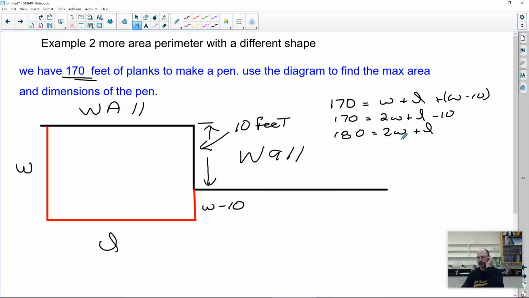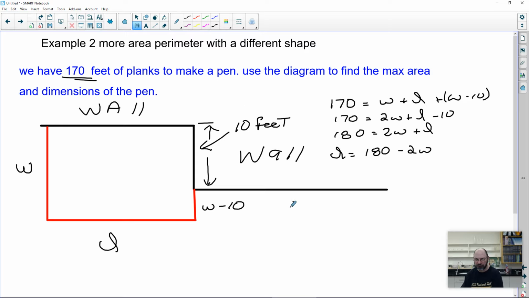Now, because of the 2, I'm going to solve for L again. So L is equal to, subtracting 2W on both sides, 180 minus 2W. So there we have our perimeter equation, writing L in terms of W. So we're going to maximize area again.